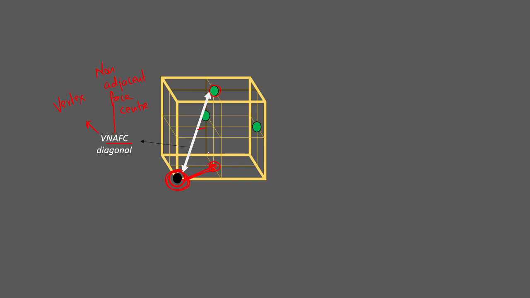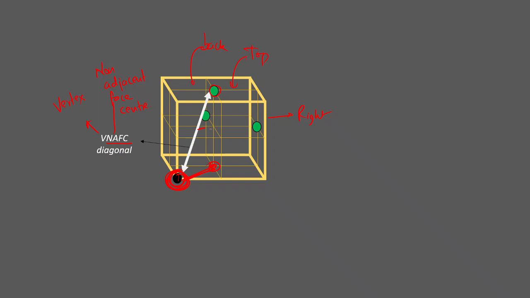So from this point you see that in this cube there are 6 faces. 3 of the faces, this one, the top face, the right face, and the back face, are not on this point, so their face centers are non-adjacent to this point.